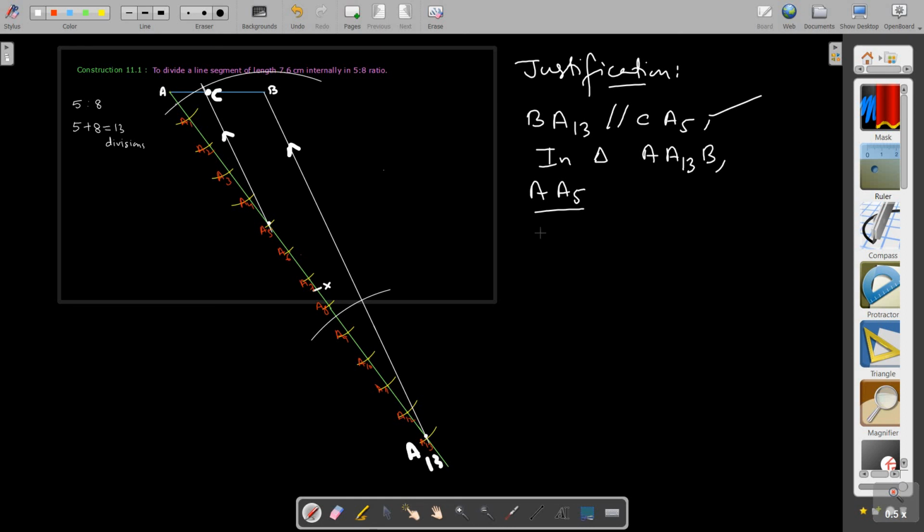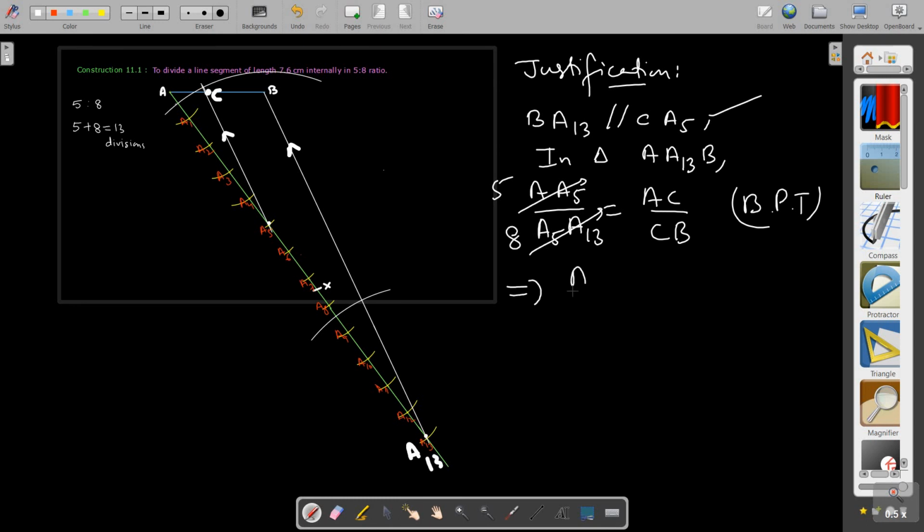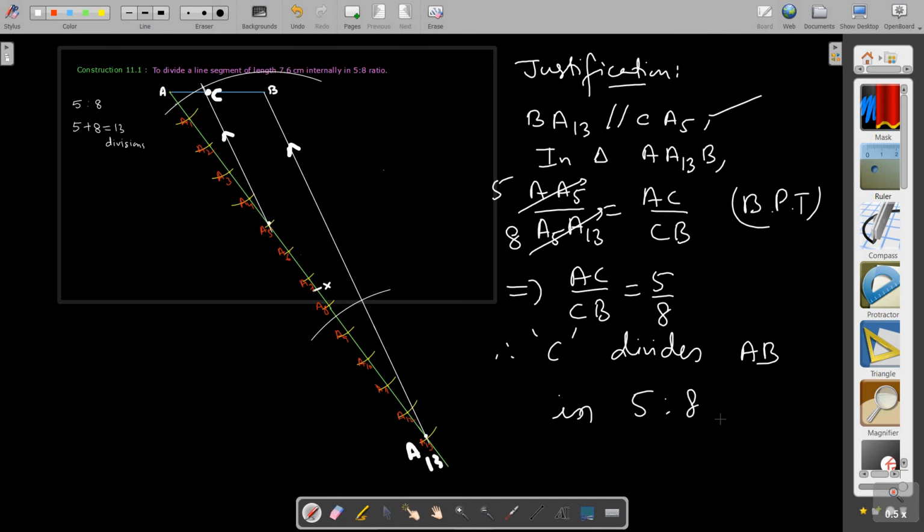So AA5 divided by A5A13 must be equal to AC by CB. Now A to A5 is 5 equal divisions, A5 to A13 is 8 equal divisions. Hence we have AC by CB is 5 by 8. Therefore point C divides line segment AB in 5:8 ratio.